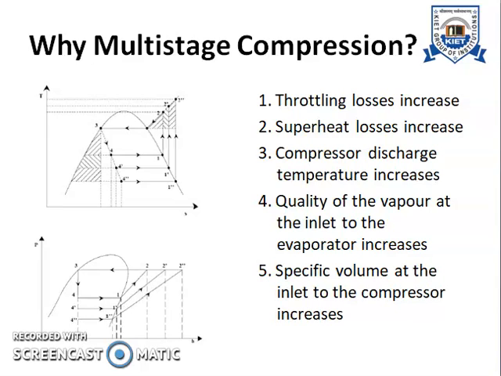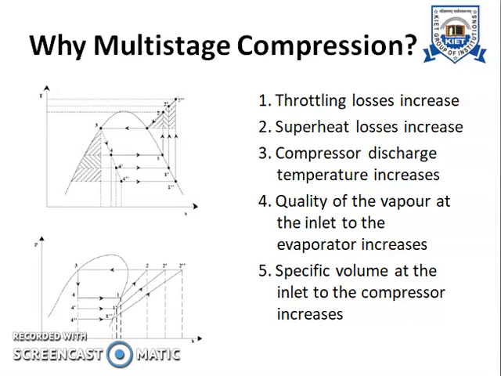First, the throttling loss increase. You know that throttling is a constant enthalpy process, and ideally in a Carnot refrigeration the expansion should take place at constant entropy, that is, the process is isentropic.